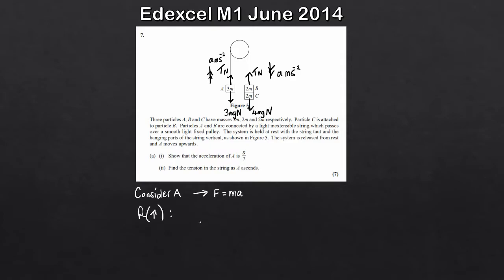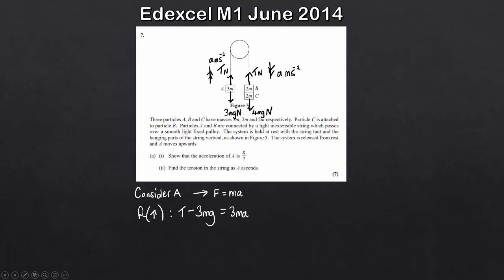So the force going up is T, the tension, minus the weight, 3mg. This is equal to the mass times the acceleration. The mass is 3m and the acceleration is a, so that's 3ma.